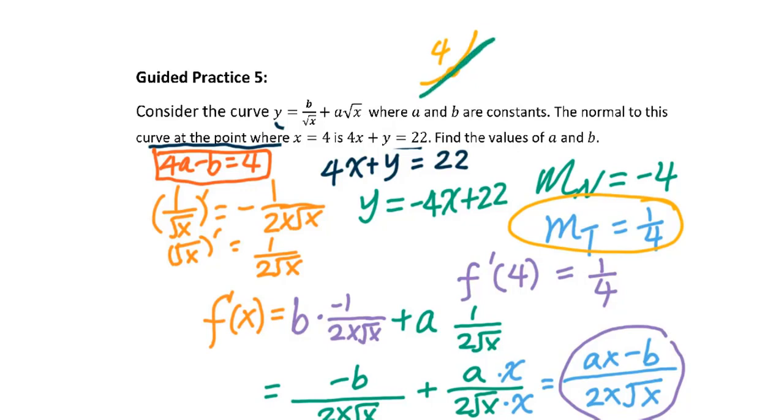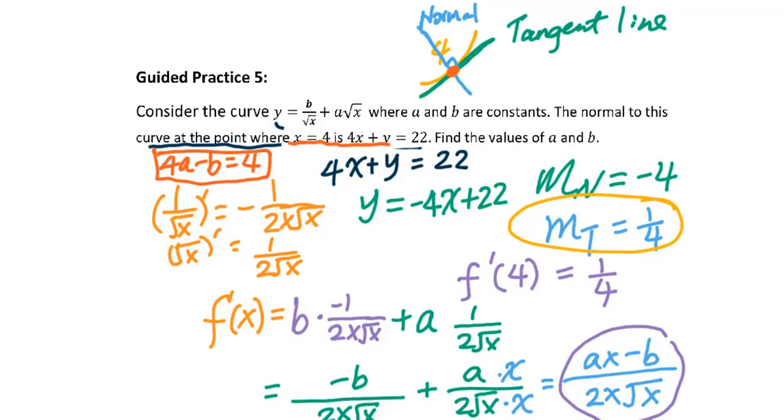This one is your tangent line, and here this will be the normal line. In other words, this point will be on the tangent line, the normal line, and also the curve.